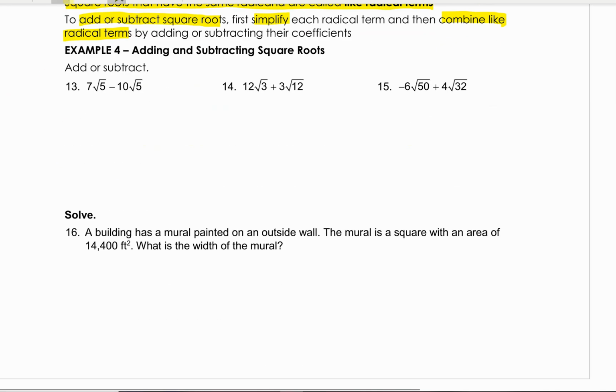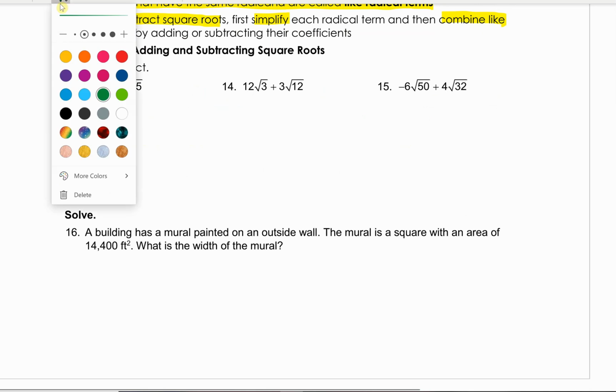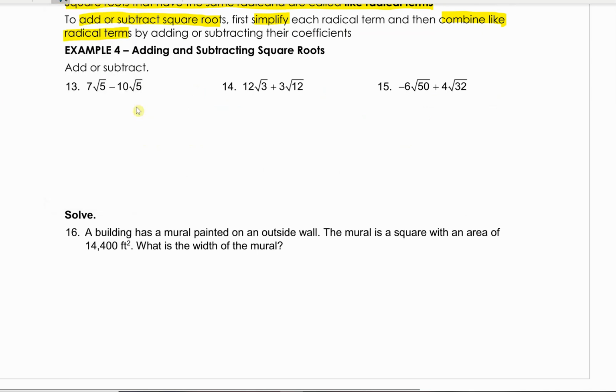Like here in number 13, we have 7 square roots of 5 minus 10 square roots of 5. That's just going to be negative 3 square roots of 5. You're going to treat it just like a variable, because remember that 7x minus 10x is negative 3x, right? Combine like terms, so we're going to do the same thing with our radicals.